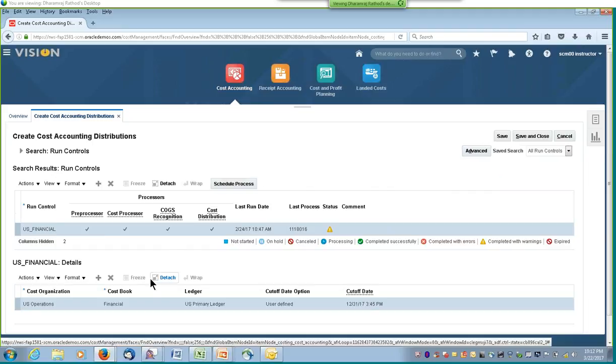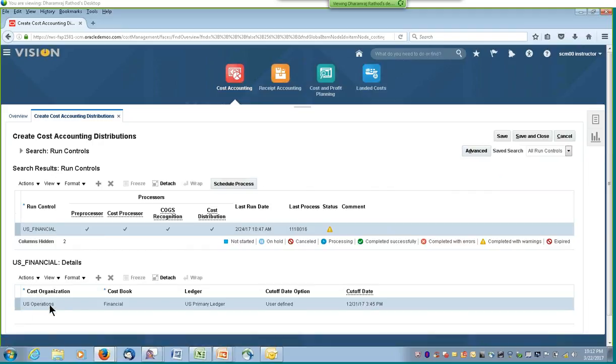And when you run this run control, it will be in context of cost organization and the cost book. So if you have one cost organization per inventory organization, let's say you have 10 inventory organizations in your enterprise, you'll have to run this run control 10 times to process the transactions.